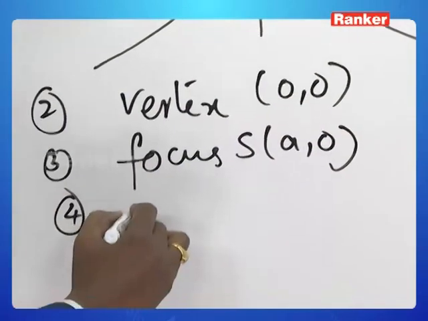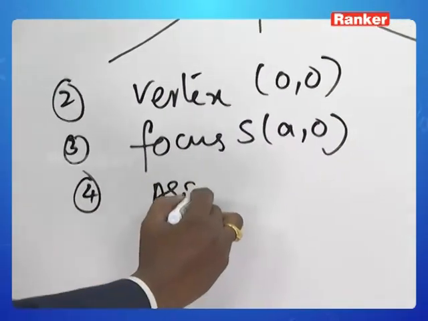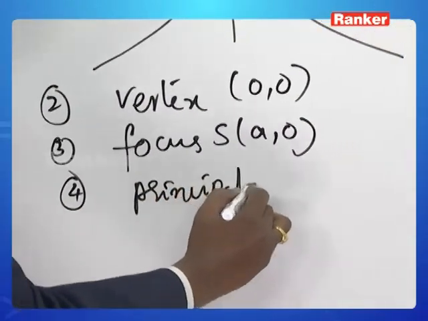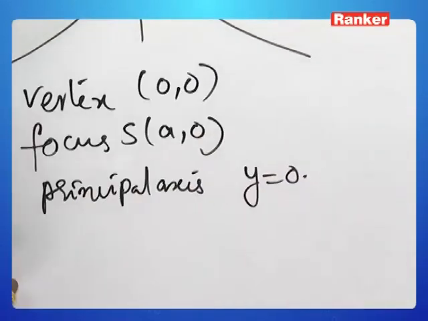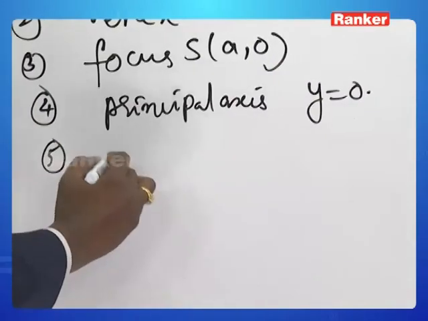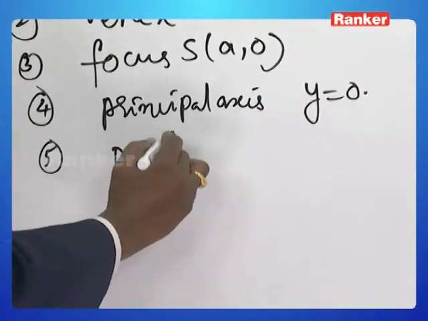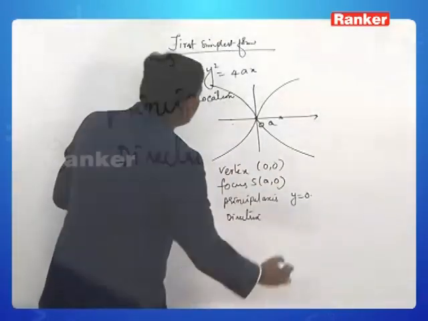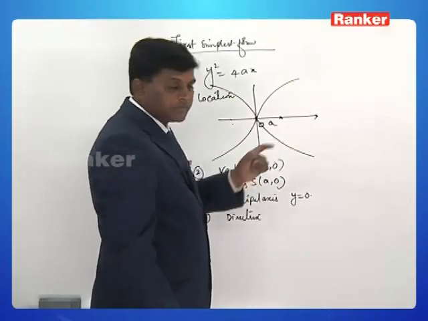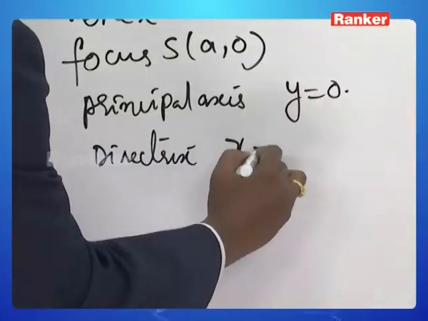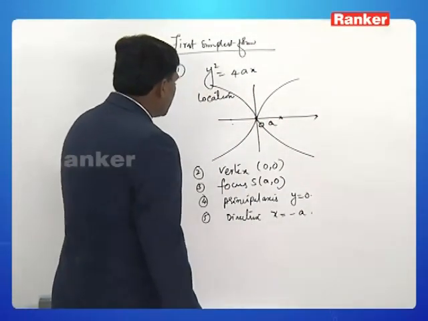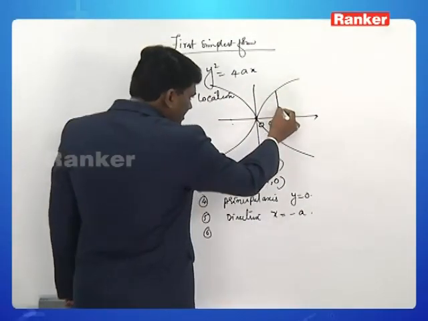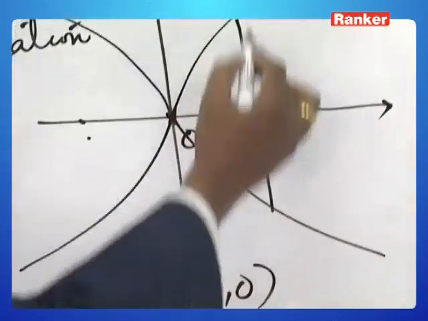Fourth one, its principal axis is x-axis, that is y equal to 0. Now its directrix, as we have discussed already in the equation itself, x equals to minus a will be its directrix.